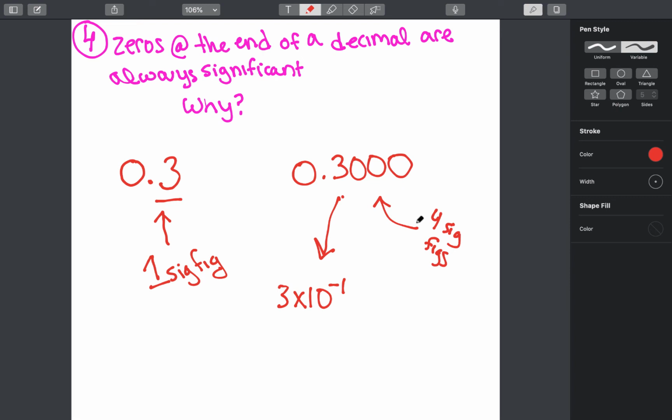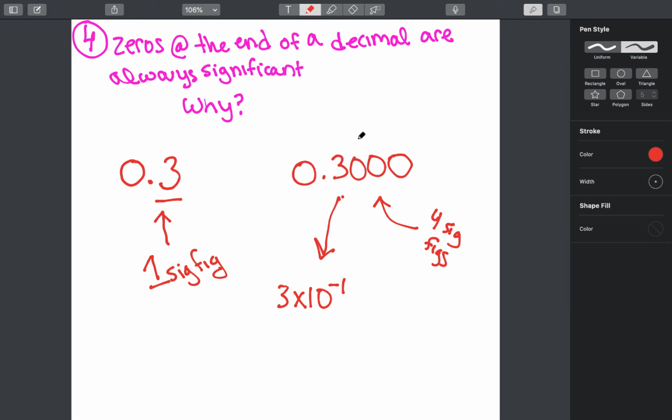Well, you should remember from the beginning of my lecture that the more sig figs we have, the more precise our measurement is. So by putting these zeros at the end behind this 3, we're indicating that this measurement is extremely precise. Having this amount of zeros there means that this 0.3 is very, very close to this 0.3. It may even be exactly 0.3.